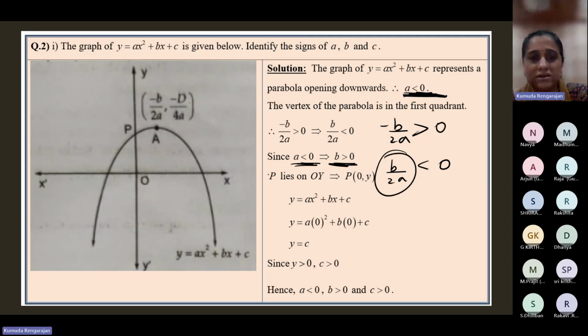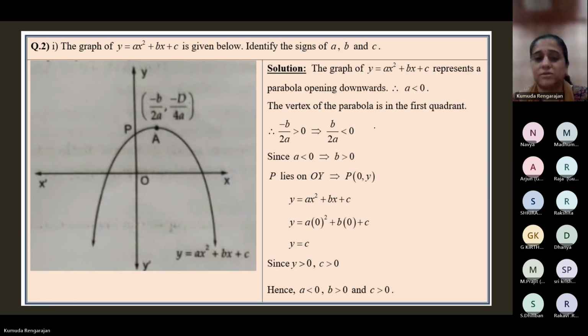Say it in your mind using the terms positive and negative, but while writing, use less than 0 or greater than 0. That's how we determine the sign for B.